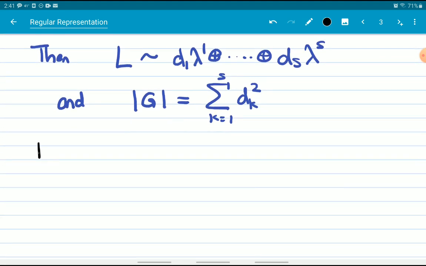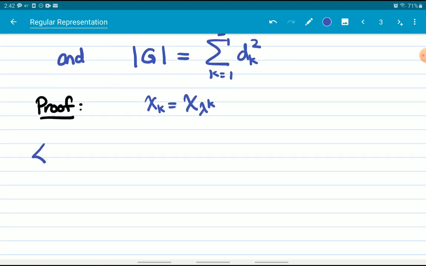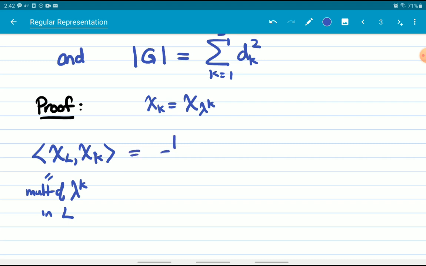How do we prove this? Well, we just use characters. So I'm going to write chi k for the irreducible character chi lambda k, just to make it easier. Let's just compute the inner product of the character of the regular representation with the irreducible characters. Remember, this number is going to be the multiplicity of that irreducible in the regular representation. But we have a formula for the inner product.